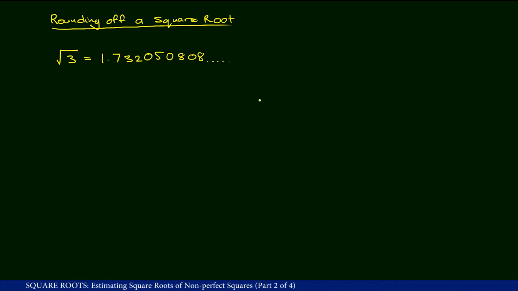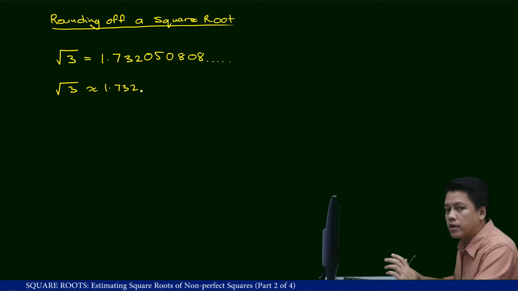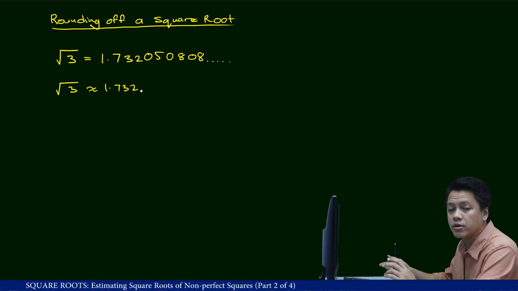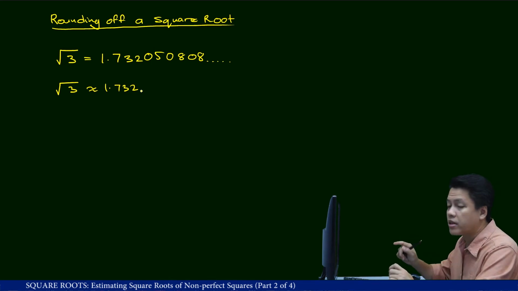And from the exercise that we have done in the previous video, we found out that square root of 3 is roughly 1.732. We got this number because we limited it to 3 decimal places. We do not go any further because it will be time consuming to figure out what are the other digits after the 3 decimal places there.